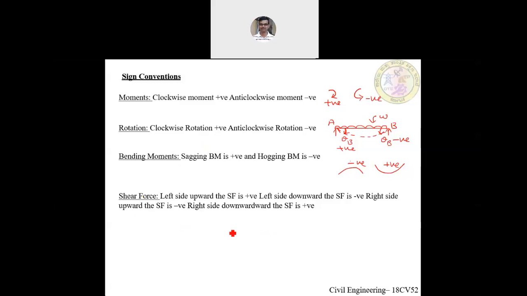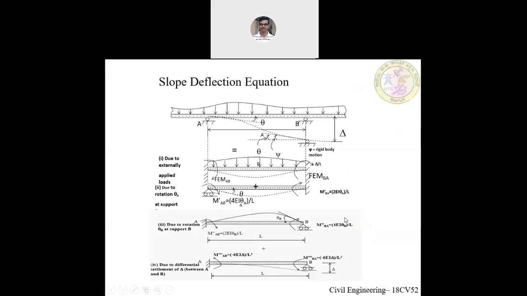In order to calculate the shear force, we go with this sign convention: on the left of the section, left up is positive and left down is negative, and on the right of the section, right down is positive and right up is negative. So this sign convention we will be using.